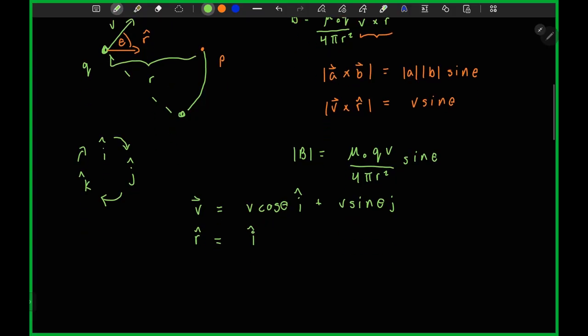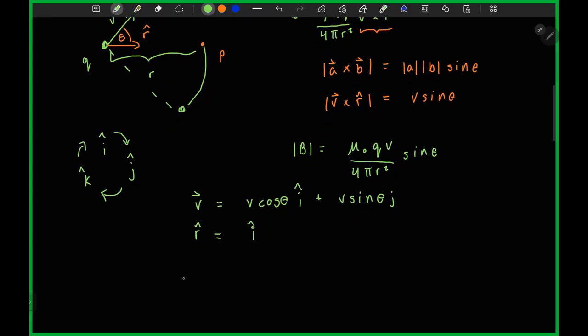I'll now go ahead and take the cross product. v cross r hat is equal to v cos theta i hat plus v sine theta j hat, cross i hat, and the cross product follows the distributive property, so we can simply distribute. So v cos theta i hat cross i hat: a vector crossed with itself gives us 0, because they are parallel.